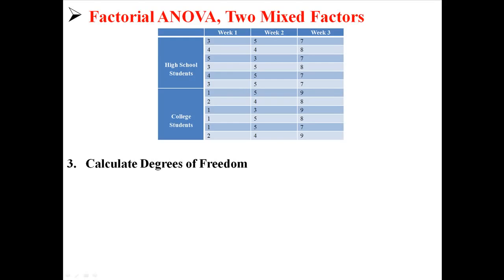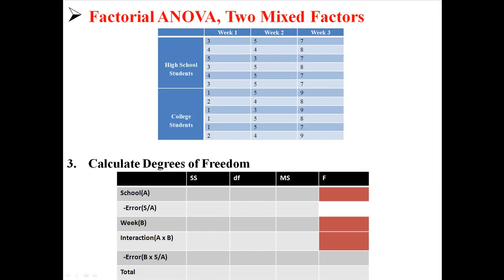Next, we calculate the degrees of freedom. Now we're going to have 5 degrees of freedom. We're going to have one for school, one for week, one for the interaction, one for total, and we're going to have 2 of them for 2 different error terms. So notice that we have 2 different error terms here, because we have independent factors and we have dependent factors.